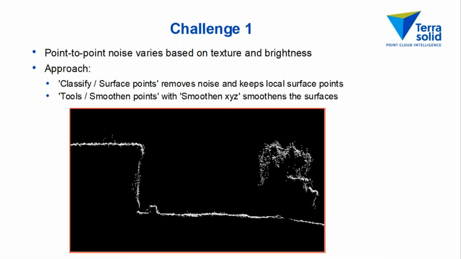Second step, the smoothing would smoothen XYZ, and this smoothens surfaces by changing XYZ coordinates of points, so that the surface becomes sharper.